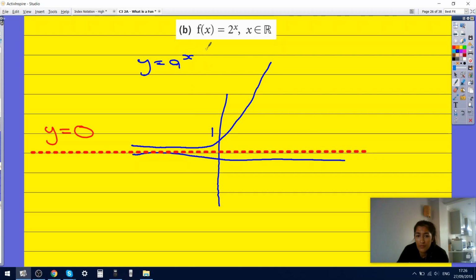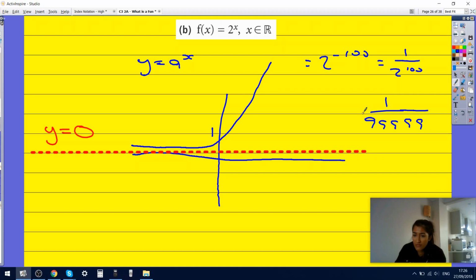Basically, the more negative the power gets, in this case, if it was 2 to the minus 100, that'd be equal to 1 over 2 to the 100, which is a tiny fraction. 2 to the power of 100 is a huge number, but 1 over 2 to the 100, like 1 over 99999, is going to be a tiny fraction. But all y equals a to the x have an asymptote of y equals 0. It's only if they transform it. So if they said y is equal to a to the x plus 3, then it would shift 3 up. That type of thing.